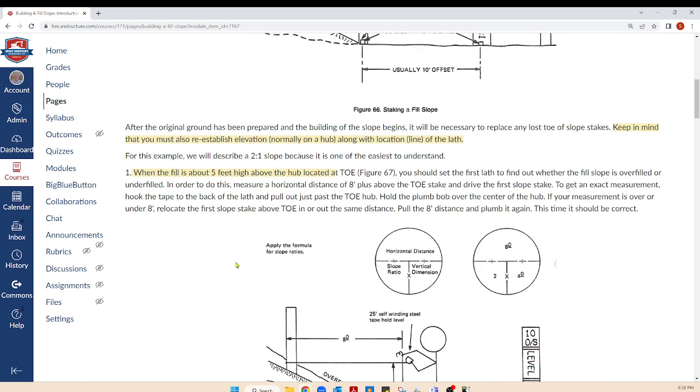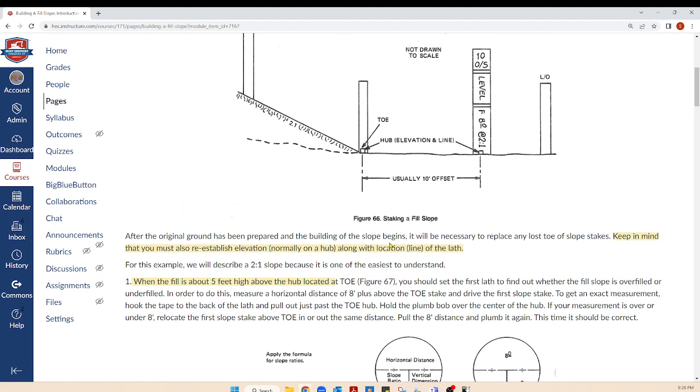In order to do this, measure a horizontal distance of 8 feet plus above the toe. I'm talking about 8 feet in this direction, horizontal.